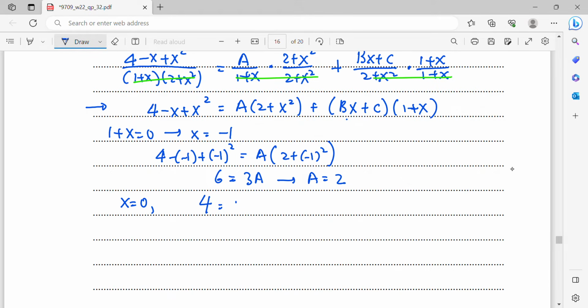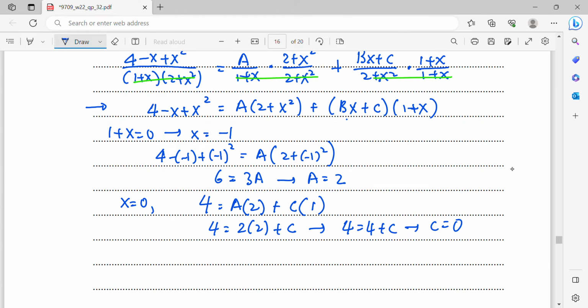Right hand side, it will be A bracket 2 plus 0 squared is 2, plus B times 0, no more, so just left C. Then 1 plus 0 is 1. Now replace the A. So 4 equals 2 bracket 2 plus C. So from here, 4 equals 4 plus C. Therefore, the C is going to be 0.